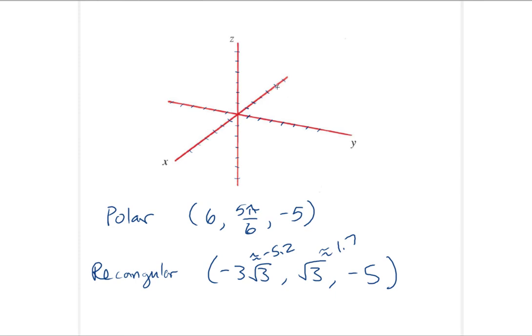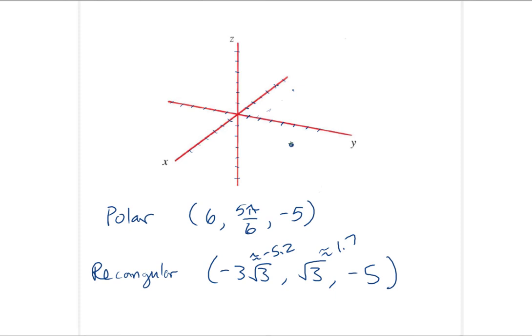And then about 1.7 in the y, parallel to the x-axis, puts me right about there. And then we're supposed to go down 5 from there. So right now it's lining up just above 2, so this should line up just above negative 3 when I go straight down in terms of the perspective I'm looking from.